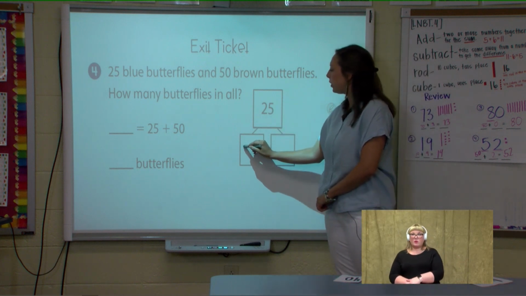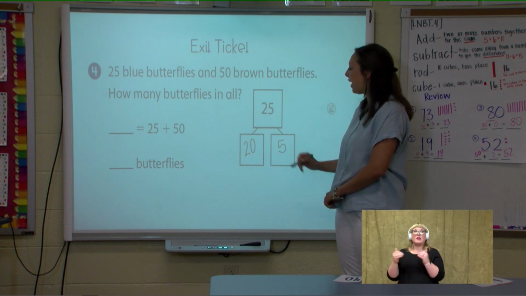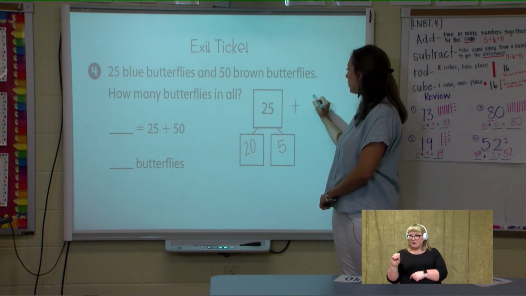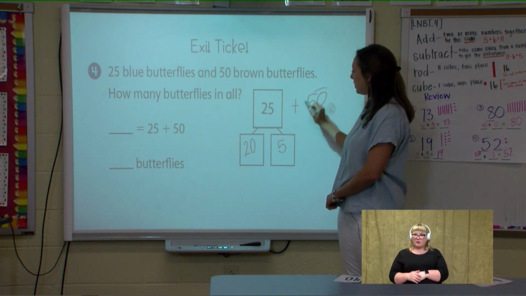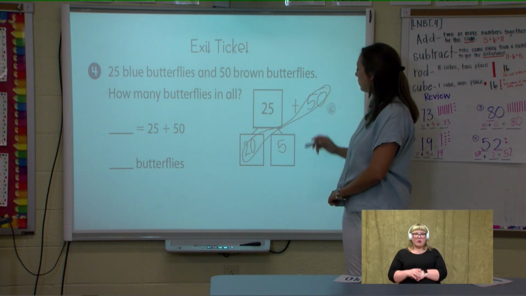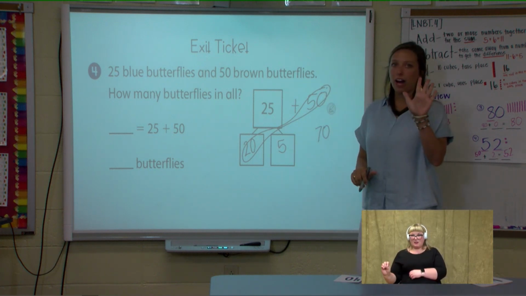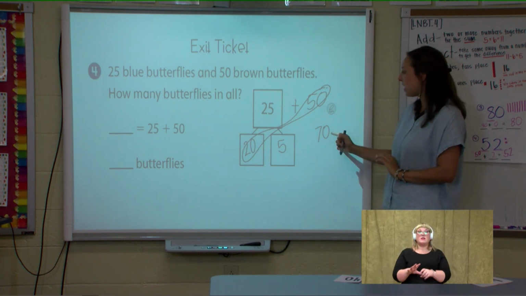We know that 20 plus 5 gives us 25. We can't leave out our 50. So 50 plus 20 gives us 70. 5 rods and 2 rods gives us 7 rods. 7 rods equals 70.